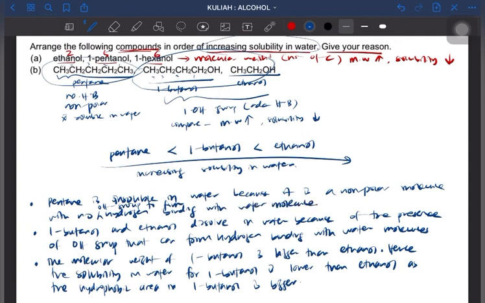Bagi lengkap sikit lah. Okay, and then kita kata 1 butanol dan ethanol dia dissolve in water. Sebab apa? Dia ada presence of OH group that can form hydrogen bonding with water molecule. And then kita cakap the molecular weight. And then kita compare lah between 1 butanol dan juga ethanol. Kita kata the molecular weight of 1 butanol is bigger than ethanol lah. Hence the solubility in water for 1 butanol is lower than ethanol, as the hydrophobic area in 1 butanol is bigger.